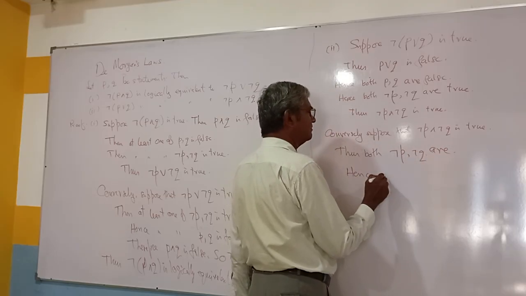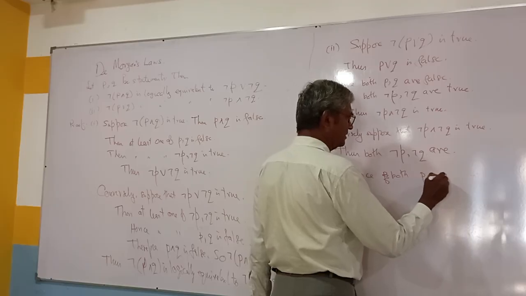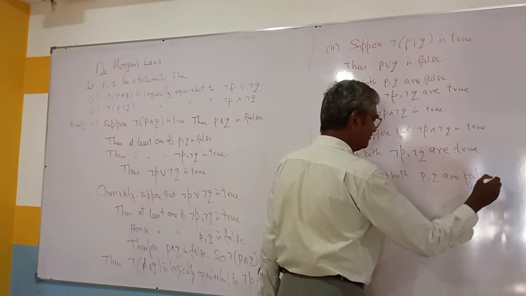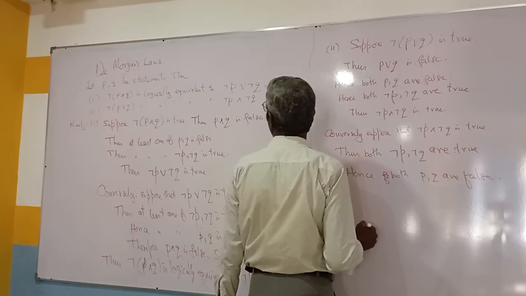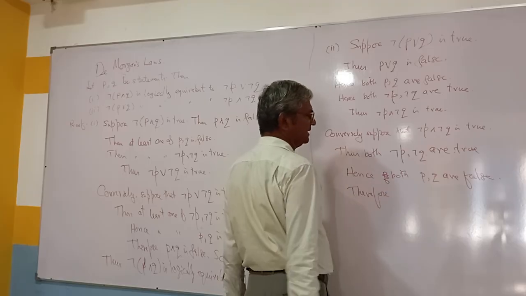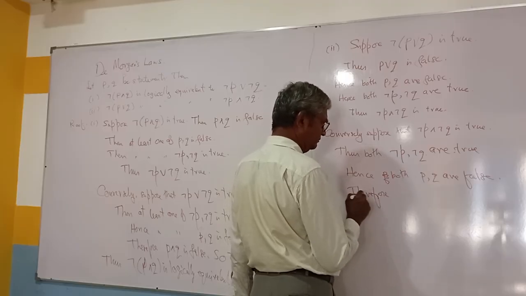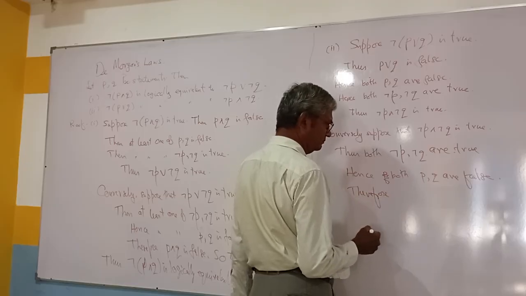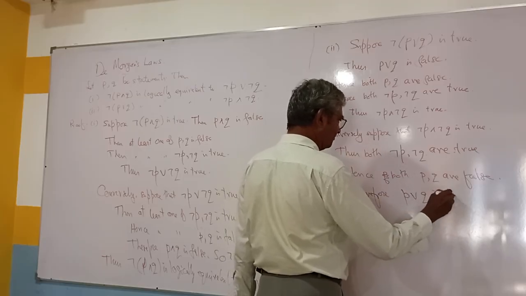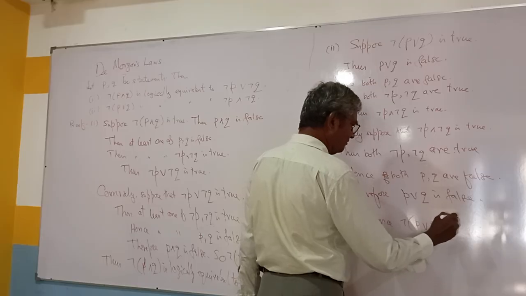Hence, both P, Q are false. Therefore, P or Q is false. Hence, not (P or Q) is true.